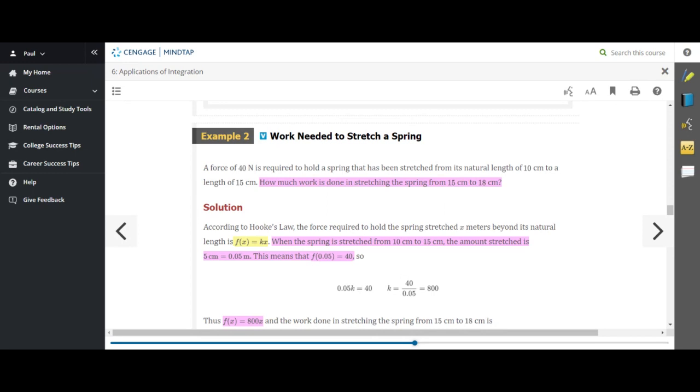In other words, you're starting out with the spring being stretched 5 centimeters or 0.05 meters. We have to change centimeters to meters because we need to keep our units correct. So F of 0.05 equals 40. Are there any questions on that so far?